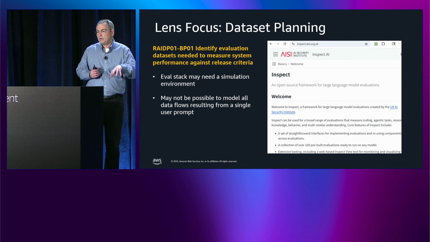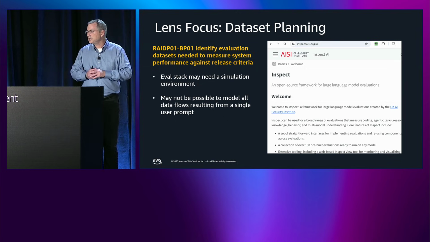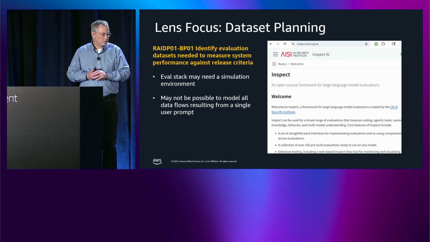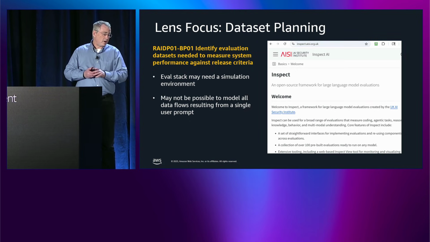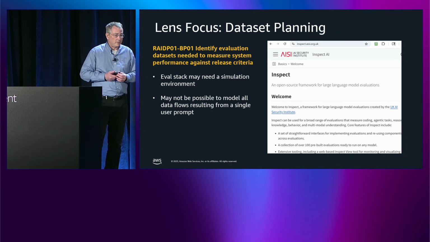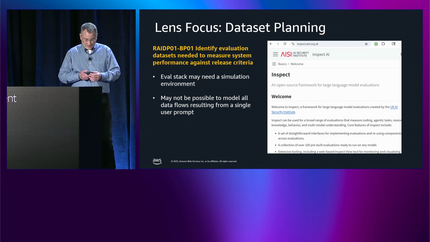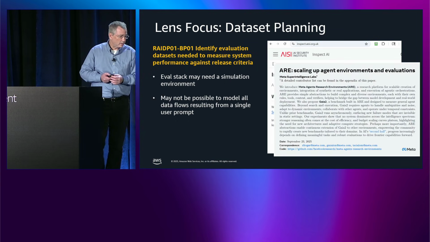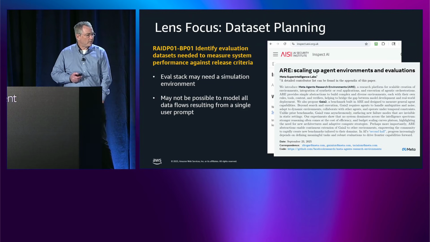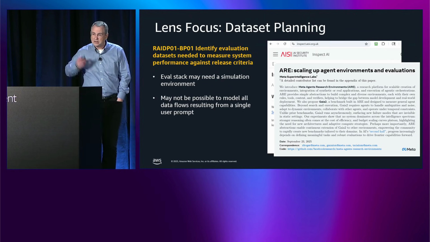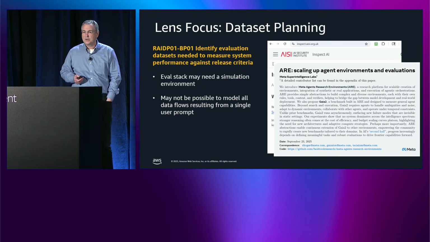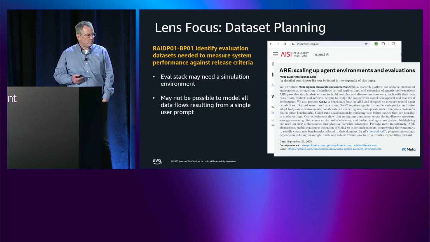With traditional AI, you can have a more static approach to your data sets, but here you can't, or at least in many cases you cannot. And so there are simulation environments that are beginning to pop up. The UK Safety Institute has one. Meta has recently written one. But I would expect to see a lot more of these kinds of evaluation frameworks begin to crop up.